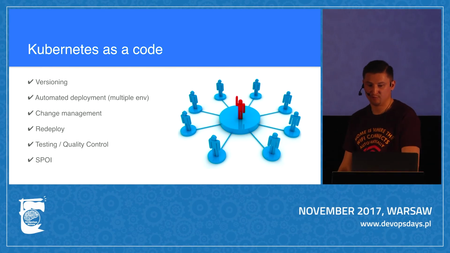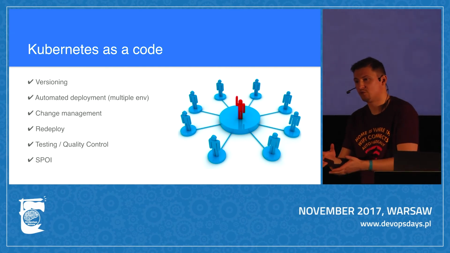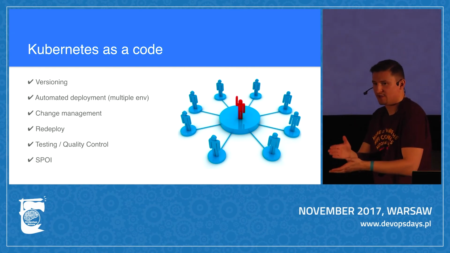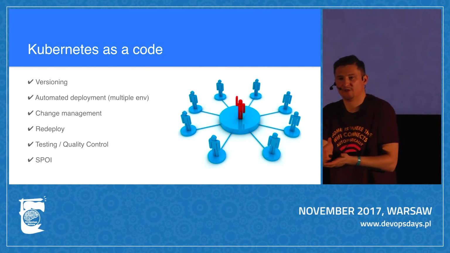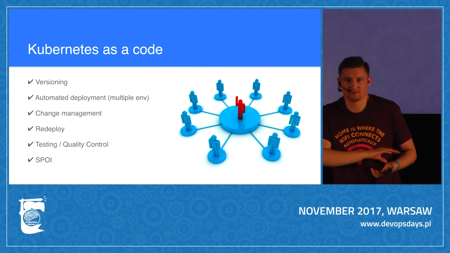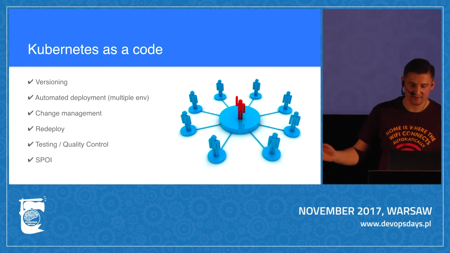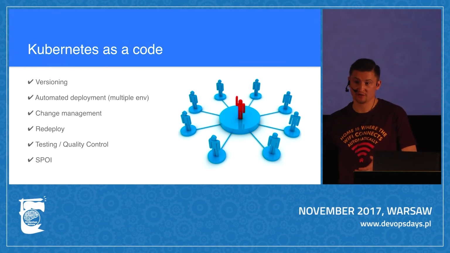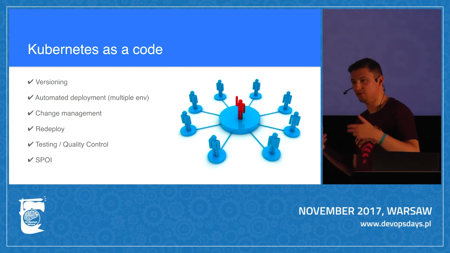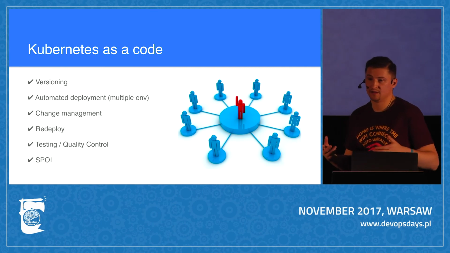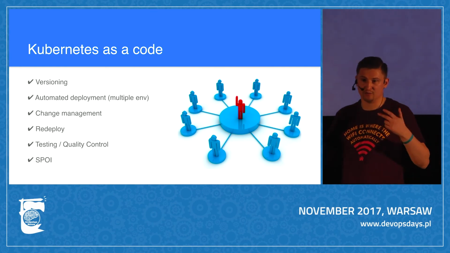We've got automated deployments, because we can create the same cluster with the same specification using the same command, or tear down our old cluster and create it from scratch in minutes. We have change management: we can review what will be implemented before applying, and this can be reviewed as it is code.